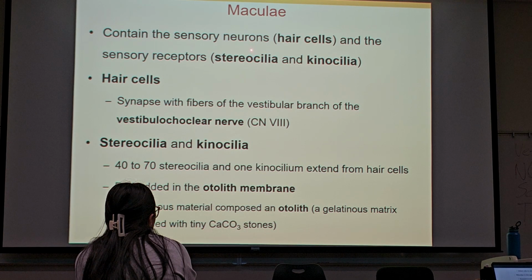Each macula contains sensory neurons called hair cells. And the sensory receptors are these special hair-like structures, stereocilia and kinocilia. The hair cells will get an electrical impulse that then gets transferred to the vestibulocochlear nerve, cranial nerve 8. The stereocilia and the kinocilia are the sensory receptors for equilibrium.